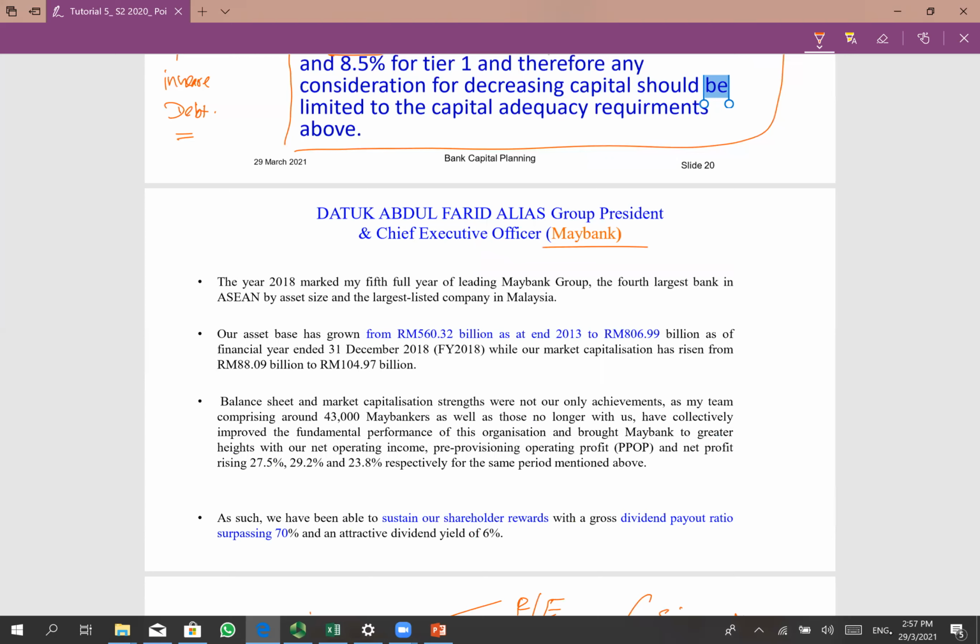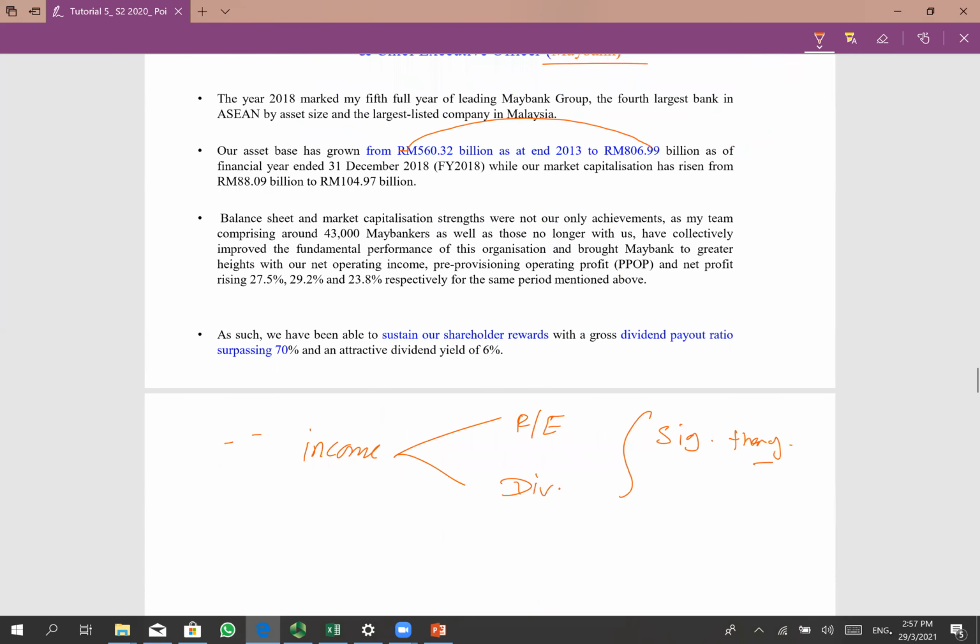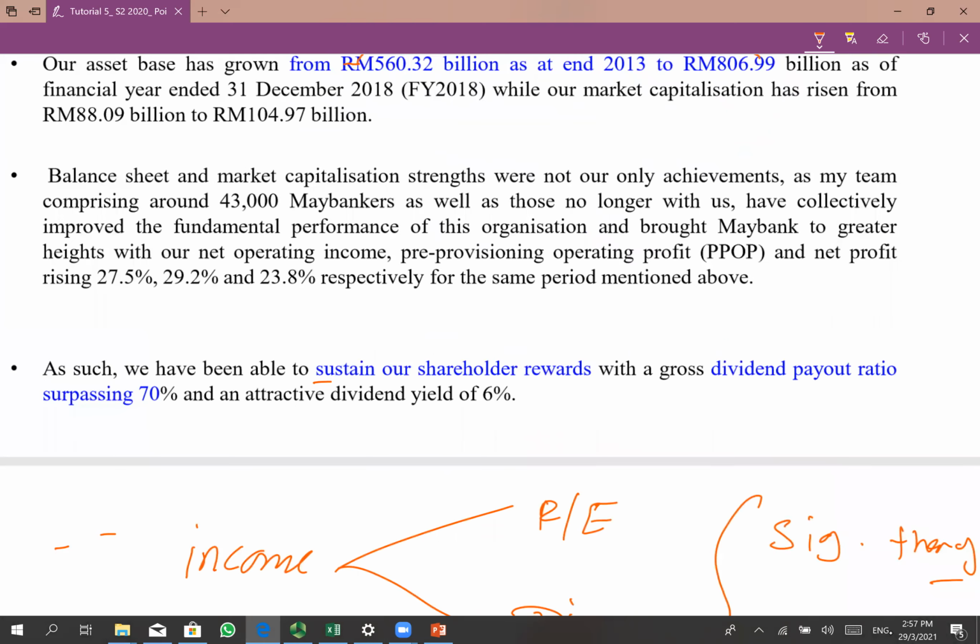Look, the bank is saying we have increased our asset from 560 billion in 2013 to 806 in 2018. But at the same time, we sustain our shareholders' rewards and we pay dividends of 70%, which is very high, which means we are growing and paying dividends.